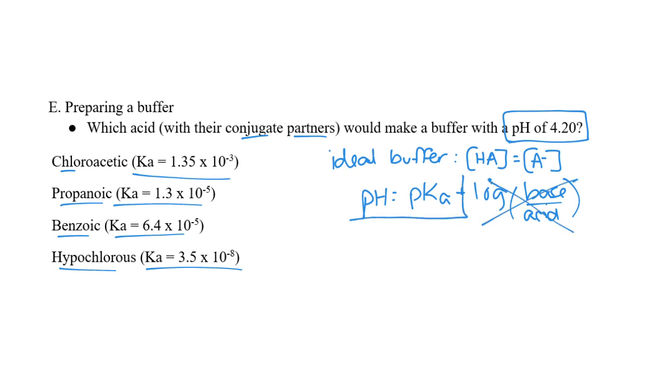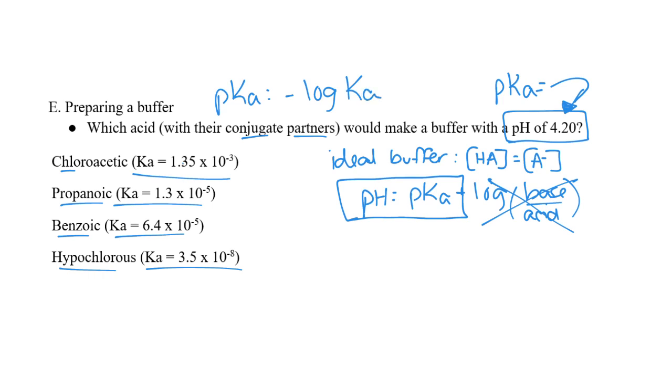So if they're asking which acid I could use to make a buffer with a pH of 4.20, the best way to figure that out is to take the pKa values and compare them. You want to pick which one has a pKa value closest to 4.20. The pKa is the negative log of the Ka value, so I can negative log all of these Ka values to get the pKas.